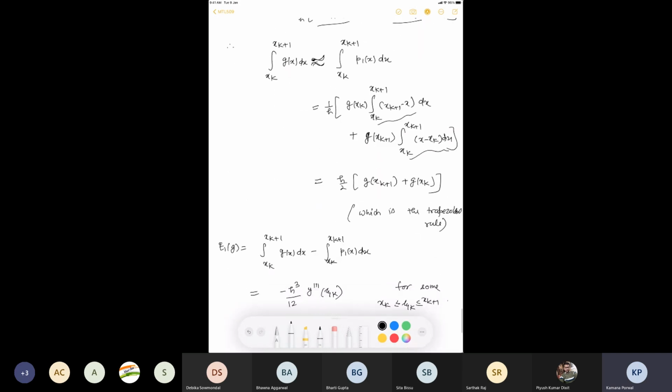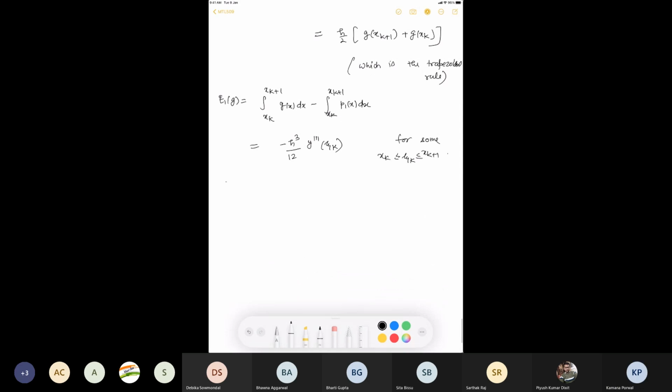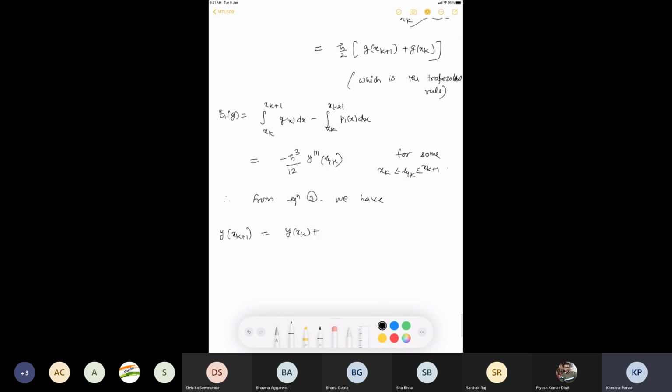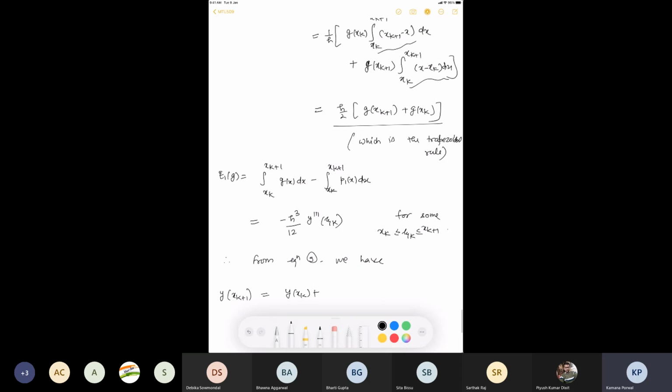Therefore, we can substitute this in equation number 3. From equation 3, we have that y at xk+1 is the y at xk plus the integral of g over the interval xk to xk+1. We have already found the value of this.